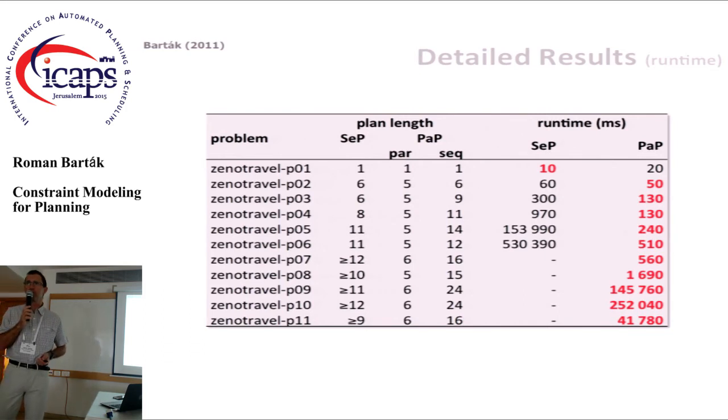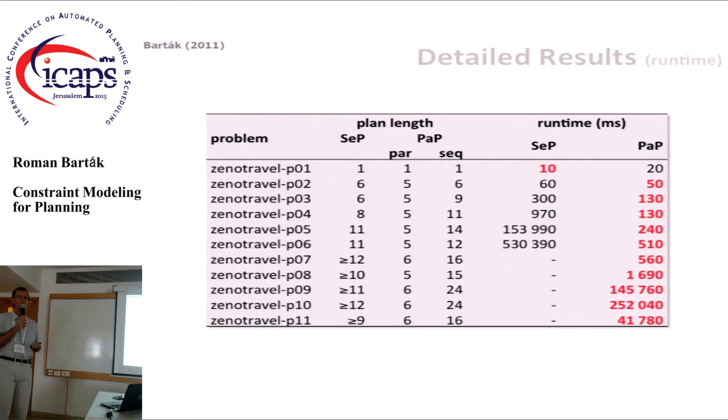That's why I said that it's not really a fair comparison, because SEP is a plan-length optimal planner, and PUP is a make-span optimal planner. So they are looking for different solutions. That's the reason why I put these columns here to compare how close we are to the optimum. But yes, it's not completely fair.